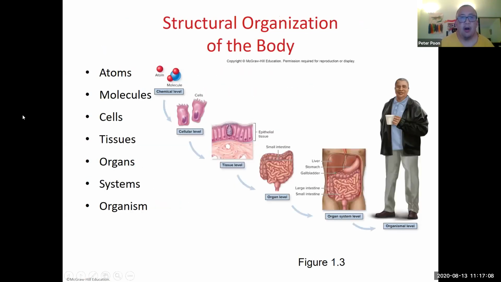One of the things about the human body is that it's very structural and very organized. I'm going to go backwards from this. We are a human organism. As a human organism, we have different systems, like the cardiovascular system or the digestive system.